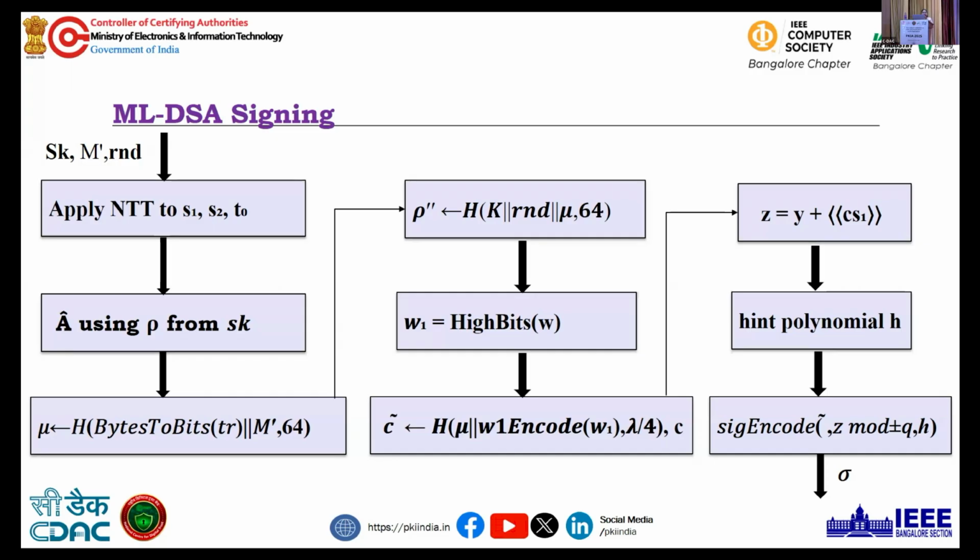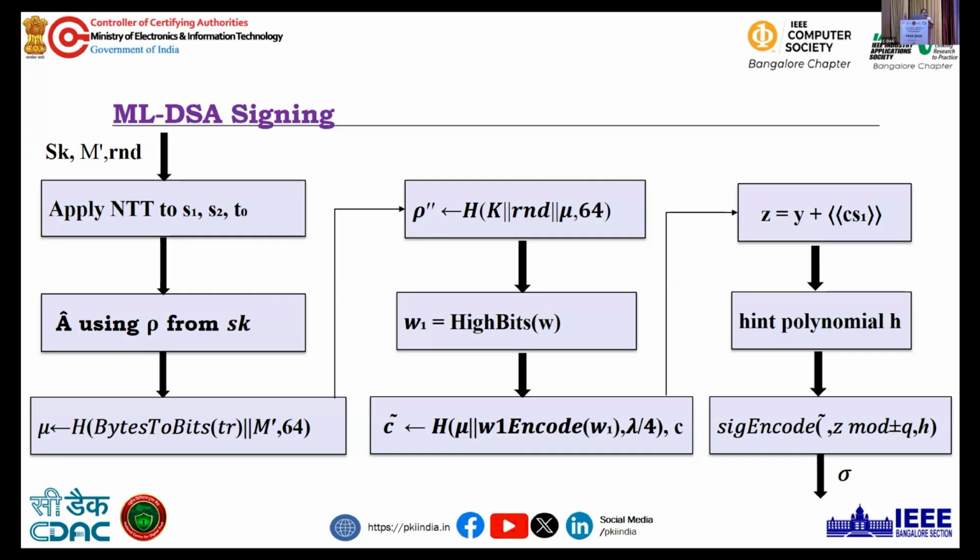The message representative mu is generated by hashing TR and the message M prime, and is 64 bytes. Rho double prime is generated using a hash of K, RND, and mu, which is 64 bytes.